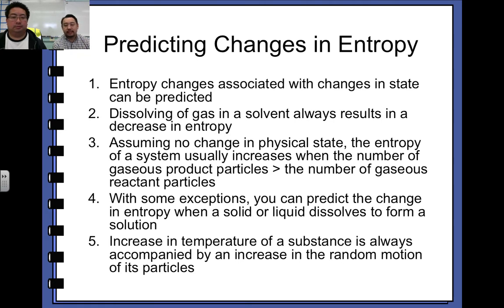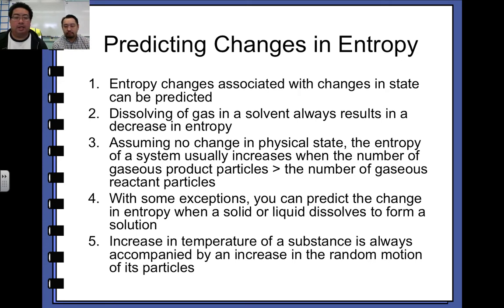So, assuming that there's no change in the physical state, the entropy of a system can also change when you look at the number of particles, in this case, the number of particles of gas. If there is a greater number of gaseous particles on the product side than the reactant side, then there is going to be an increase in entropy.